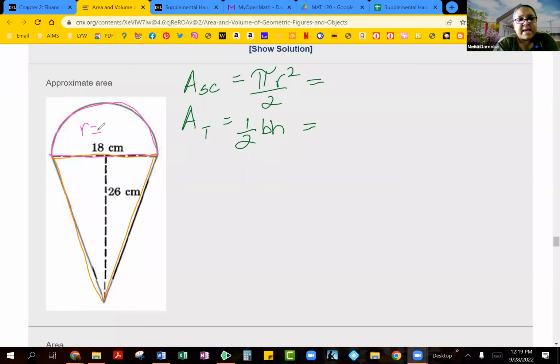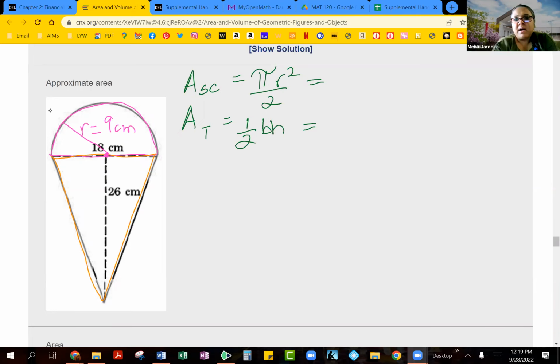Amanda, very nice. Yeah, you take the diameter and take its half. So we know the diameter is 18 centimeters. So you take 18 divided by 2, which will give you 9 centimeters as the radius of the circle. You can imagine it's going from the center to the edge of the circle.